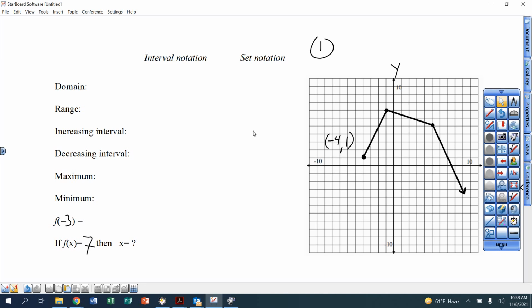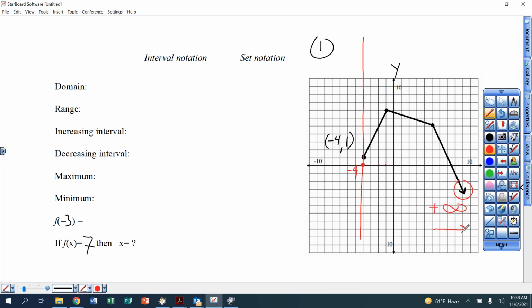Domain. Domain measured from left to right, where my left and right boundaries slice through that x-axis. So it looks like -4, but because I have no boundary to the right, that's going to be infinity positive because this arrow is going off to the right.